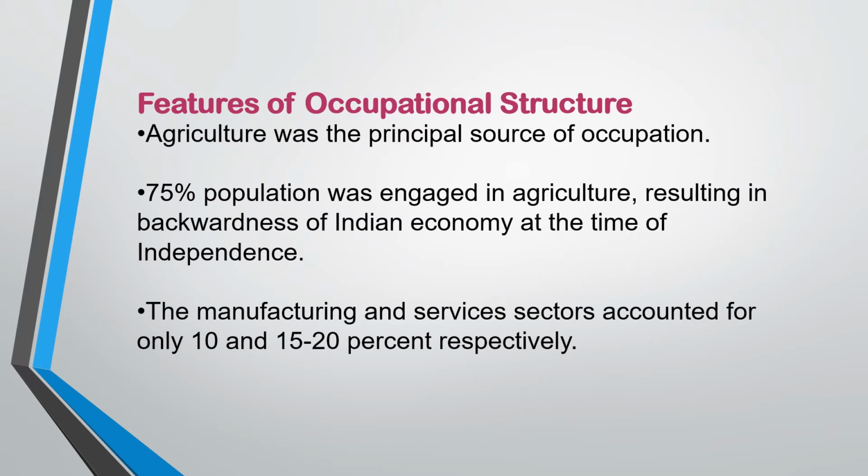The manufacturing and services sectors accounted for only 10 and 15 to 20% respectively. Manufacturing sector, 10% people depend on manufacturing sector and 15 to 20% people depend on service sectors. Clear?